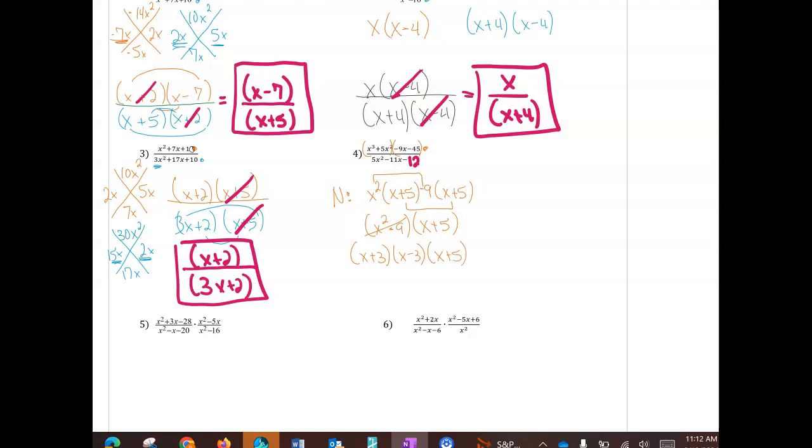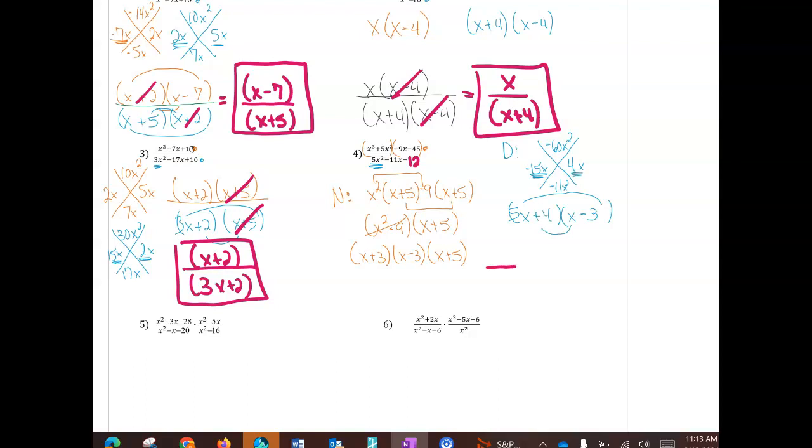Work for the denominator. Let's see, we will need factors of negative 60 that make negative 11, and that's going to be a negative 15 and 4. And x will not be enough. I'll have to put a 5 in there to make my 5x squared. So 5 times a negative 3 can make my negative 15x, and x with a positive 4 can make the 4x.